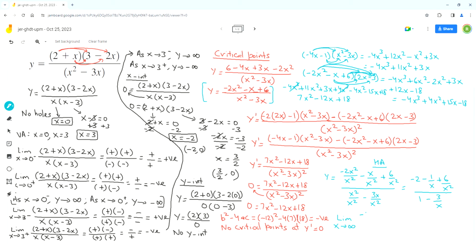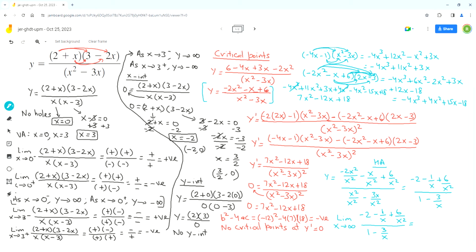So we get negative 2 minus 1 over x plus 6 over x squared, over 1 minus 3 over x.